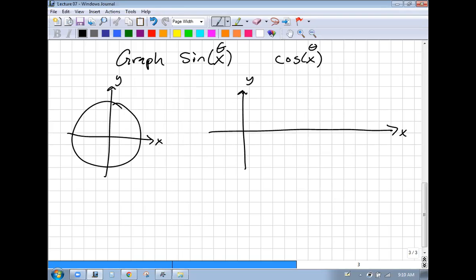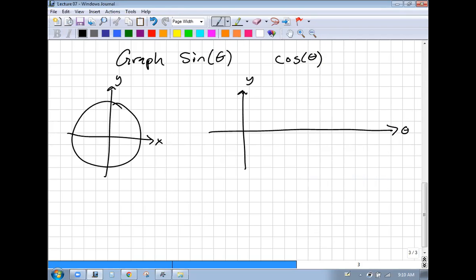Y'all know how to graph: you plug a number in, see what comes out. The number in is left and right. The number out is up and down. And you plot a few points and you connect the dots. So there's an X and a Y over here, and there's an X and a Y over here. If you wanted to, you call this theta. Why not? Let's go ahead and call it theta for now. Then later on, we'll call it X.